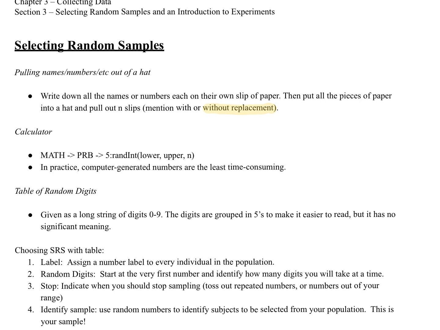The next one is in your calculator. So in your calculator, if you go to Math and then over to PRB, on some calculators, it's PROB. So that stands for probability, and then you would go to number 5, and that stands for random integer. So what you do is you give it your range of values. So the lower is the smallest number.